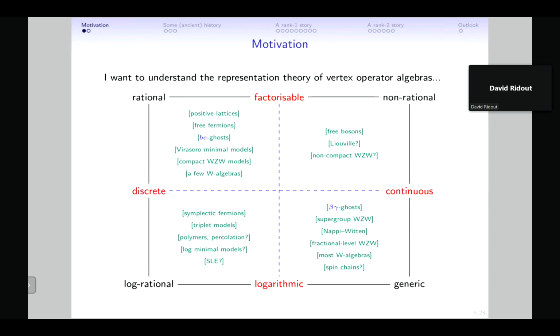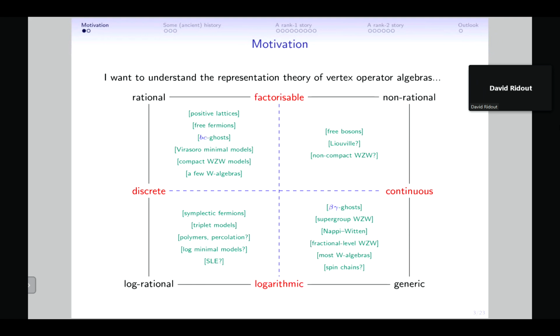Oh, well. So we have various types of vertex operator algebras, and the ones that we meet in textbooks are, of course, often the easiest ones to understand. And so in sort of one corner, we have rational vertex operator algebras. And here I'm using the original definition in physics.